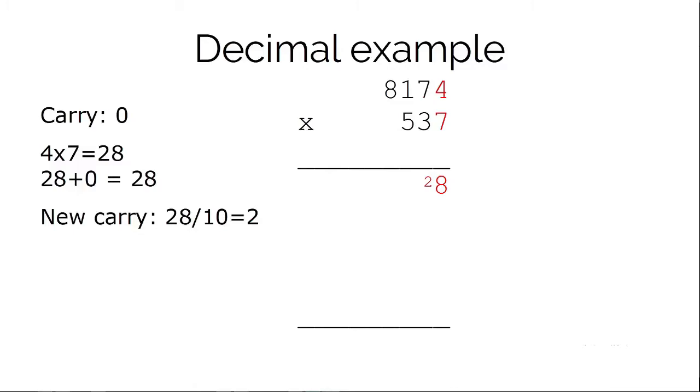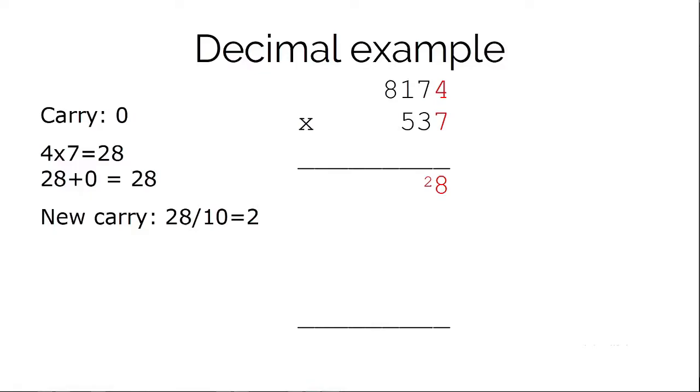So first of all, we have a carry variable that we have to keep track of, since we have to carry over the result of the multiplications into the next number. So initially we just set the carry to 0, as I've shown on the left hand side of the screen. And now we do the multiplication of single digits, 4 times 7, which is equal to 28.